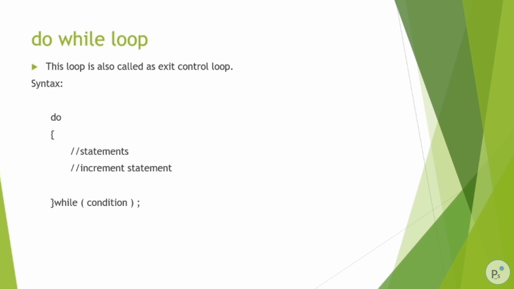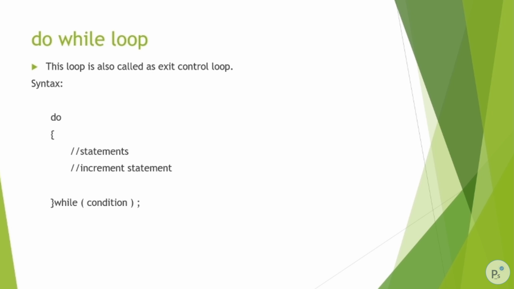It's not checked at the beginning, it's checked at the end. So that's why it is called an exit control loop. This is the overall syntax of do while: do, curly braces, all the statements and the increment statement, which is very important in loops, and then while condition.